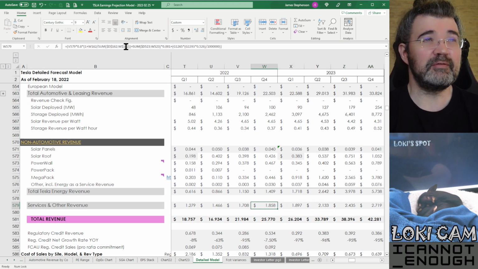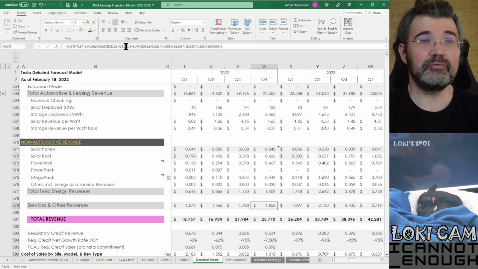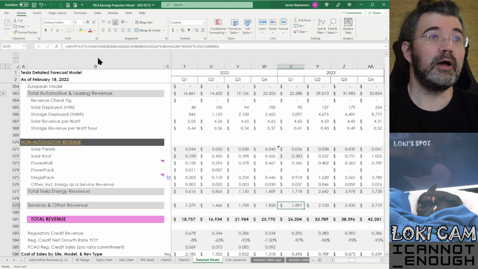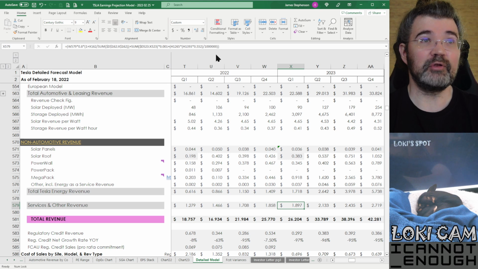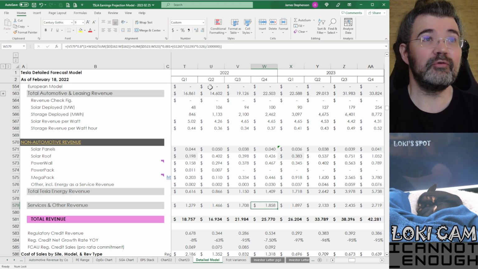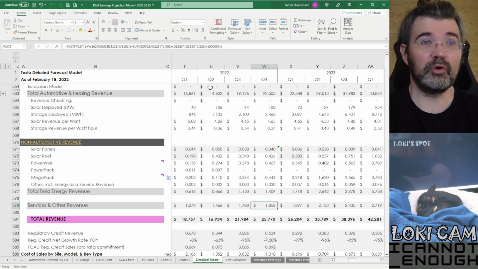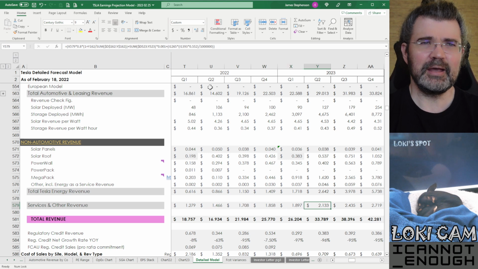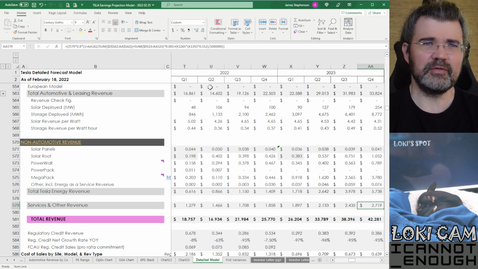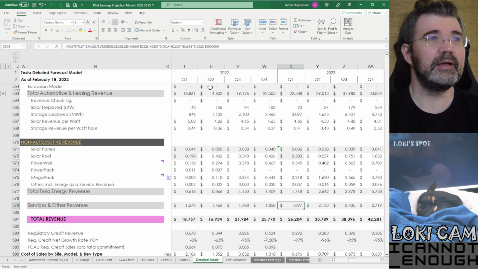How do you know how much revenue there's going to be for this? Well, I have a big badass formula here that figures out how much services and other revenue there ought to be as time goes by. You can see what it's been. I tie this out every quarter to what Tesla reports. And then in the future, I've got this amount growing.